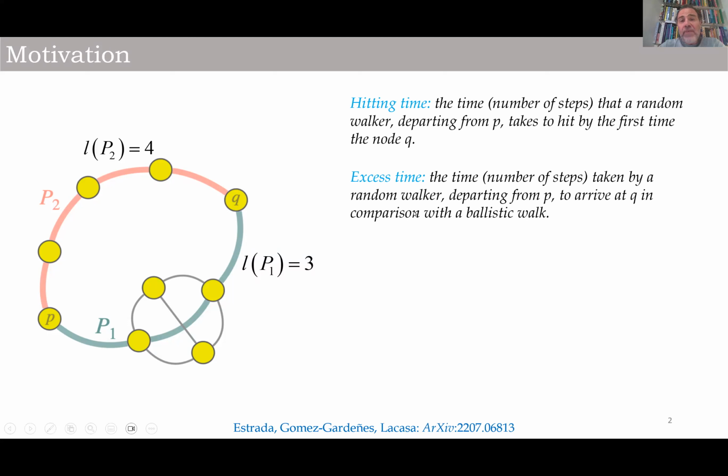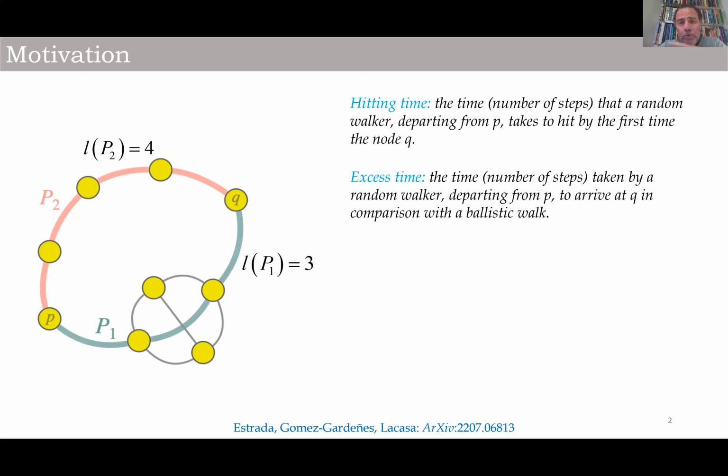And we have invented this other concept here, which is the excess time, which is the time, again in number of steps, taken by the random walker departing from P and arriving at Q, relative to the ballistic motion of this random walk. By ballistic motion, I mean that the random walker is directed from one node to the next just by taking only the edges of the corresponding path in a consecutive way.